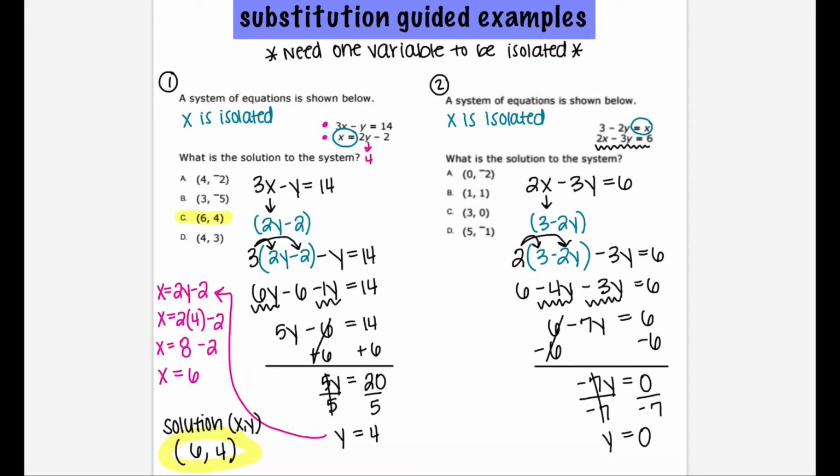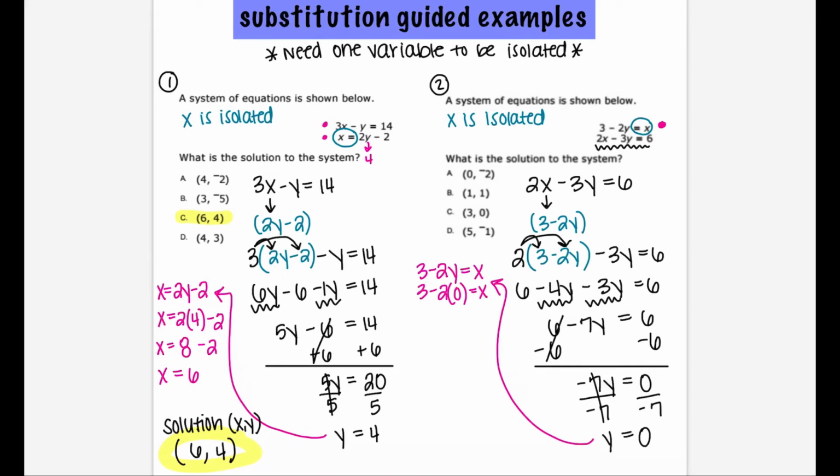So if I know that y is equal to 0, I can plug that into one of the equations I started with. So now I want to know what is x. So remember up here where I have equals x, I'm going to plug y into that equation because x is already by itself right there, and I want to know what x is. So I'm going to rewrite 3 minus 2y equals x, but now I know that y is 0.